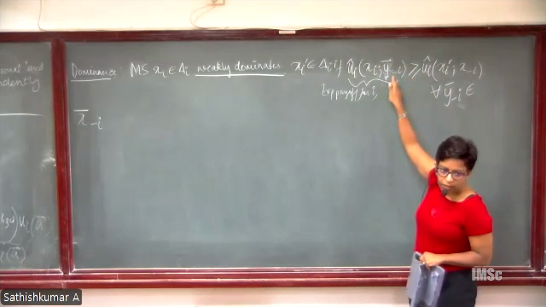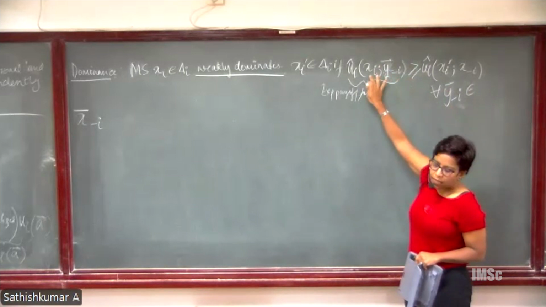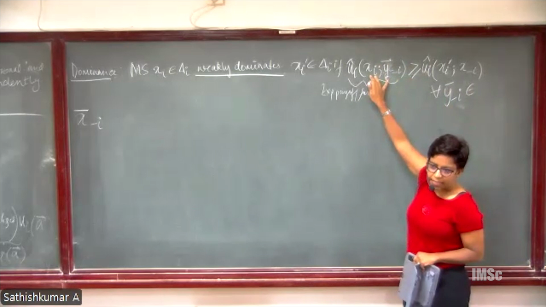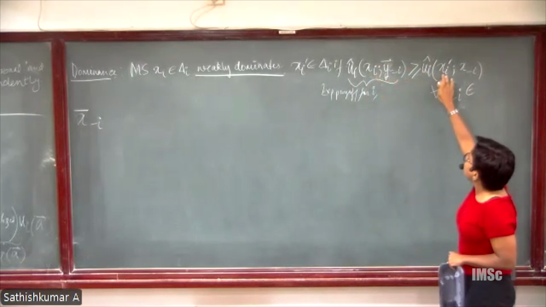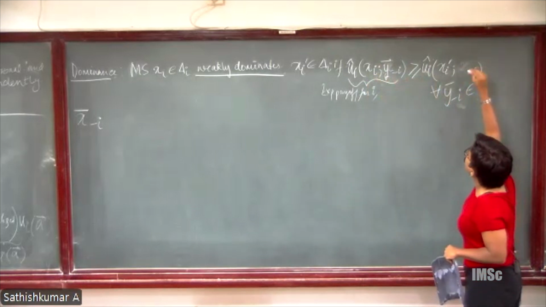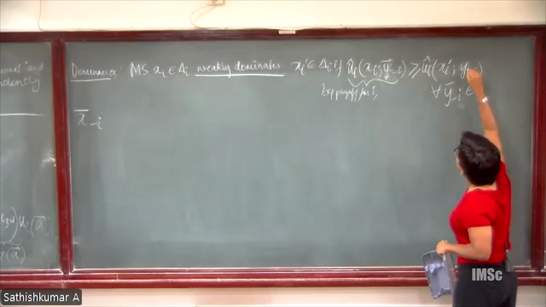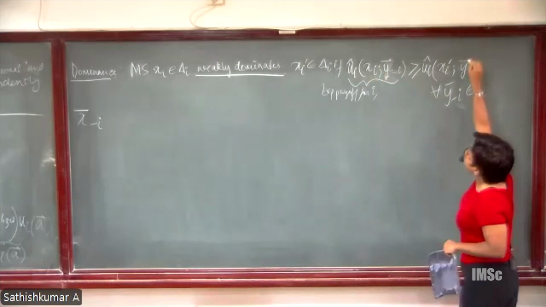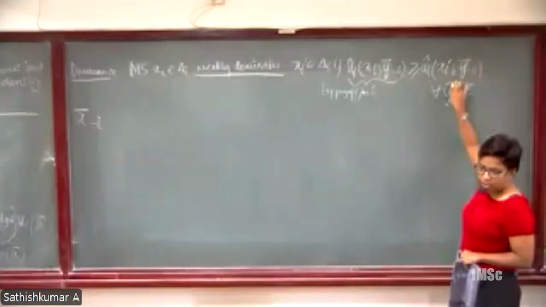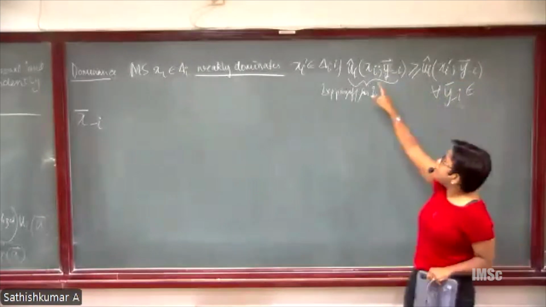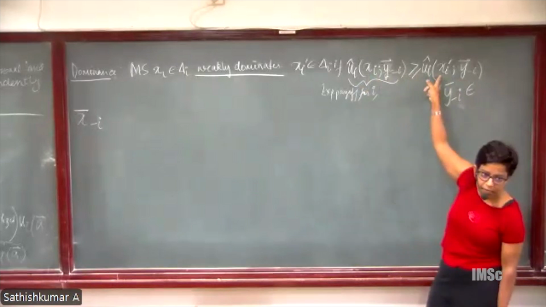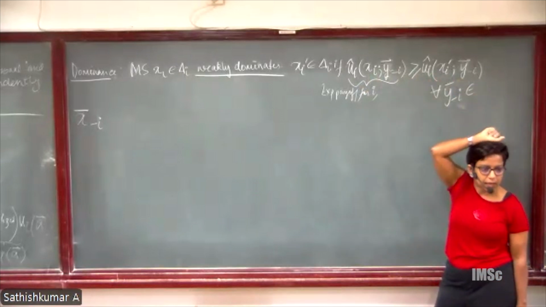No matter what others are doing, playing Xi gives him at least as good a payoff as playing any other strategy X prime i. Do you understand? We are just comparing Xi versus X prime i, no matter what that y minus i is.